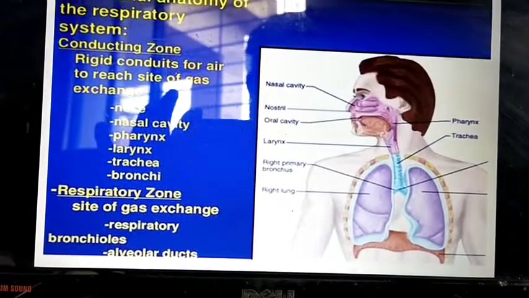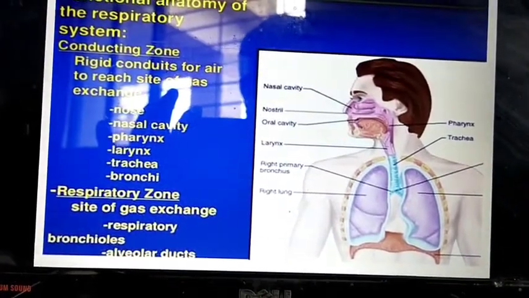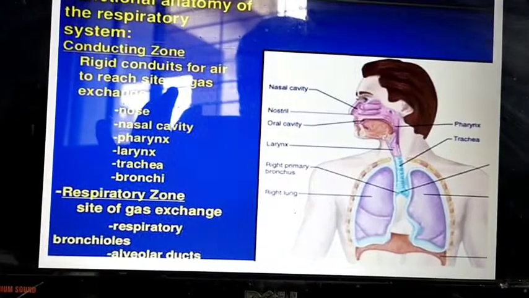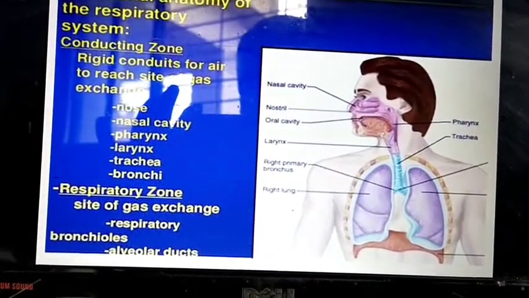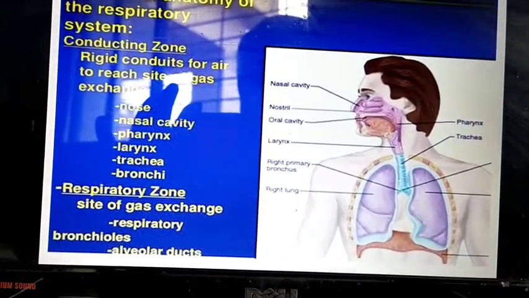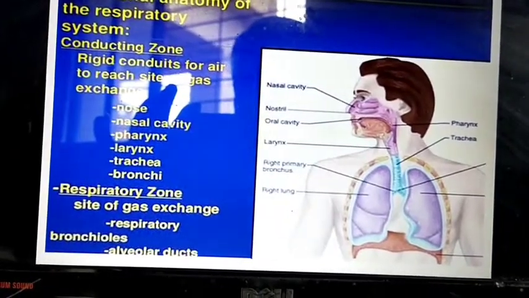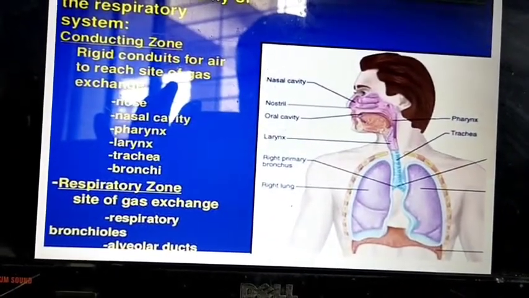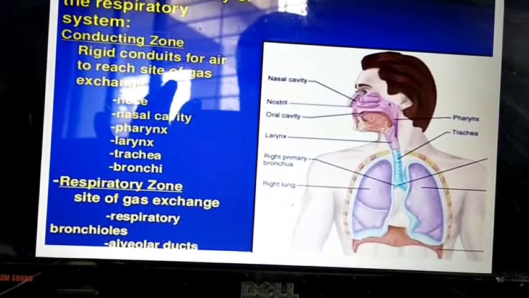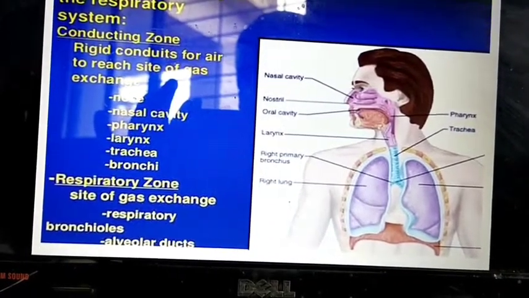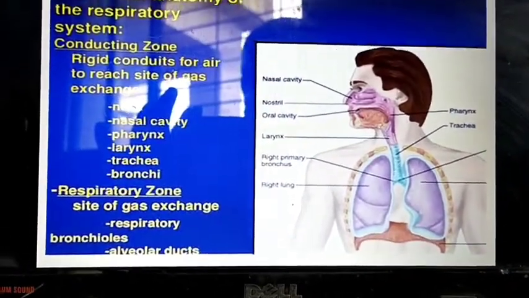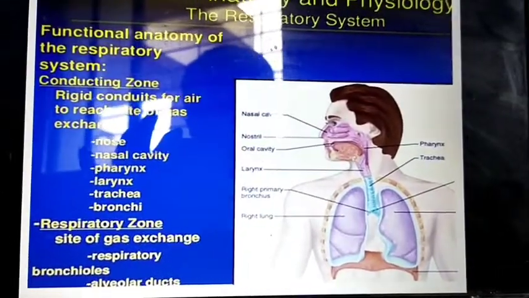The respiratory zone is where gas exchange actually occurs. Its structures are the respiratory bronchioles, alveolar duct, alveolar sacs, and alveoli.